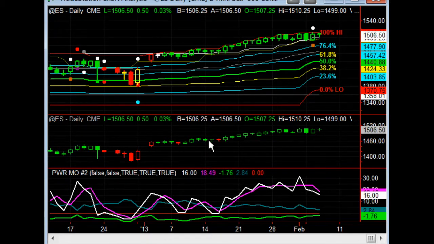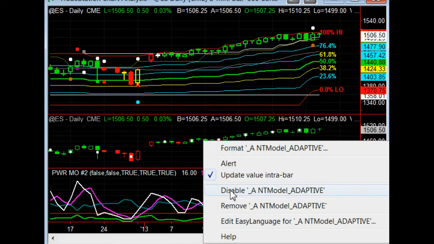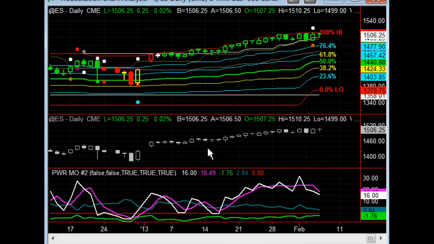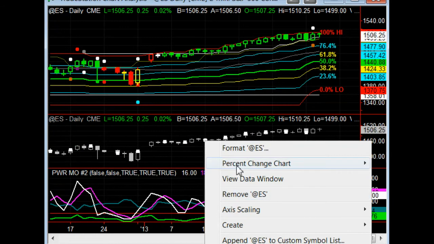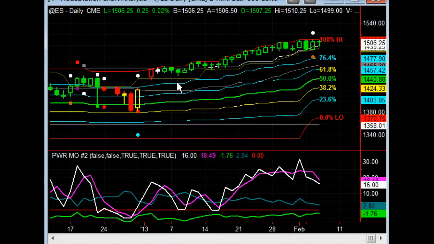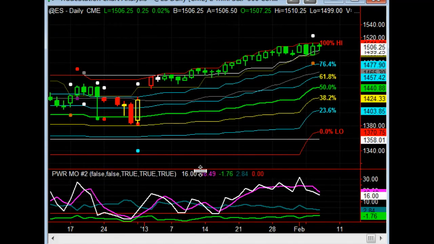So let me disable, let's just remove this entire ES. Alright, so we'll take out that ES and go back to just a single chart, and that way you can see it a little bit more effectively.